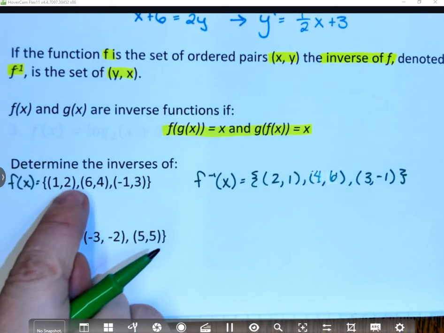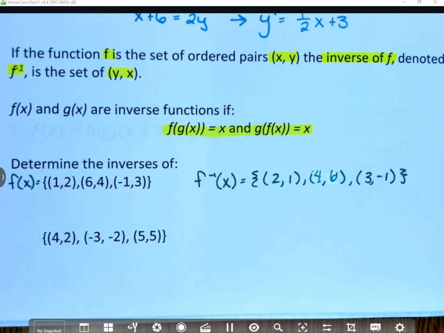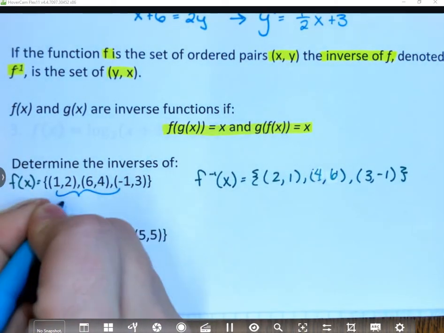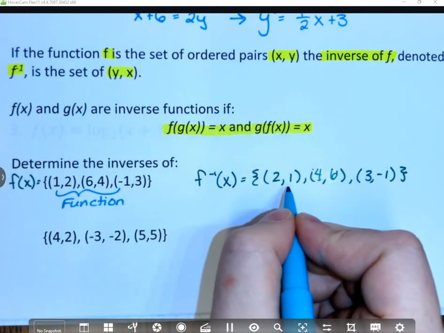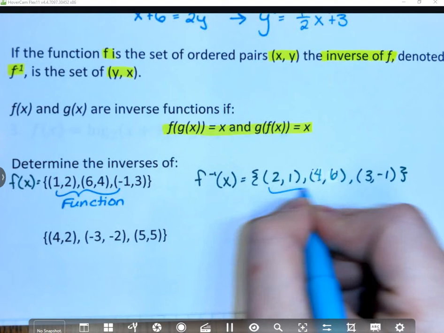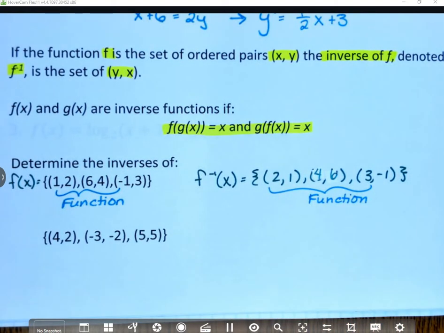Is this guy here a function? Just curious. The initial guy, this guy a function? Not always going to be the case. Okay? But both of those are functions.